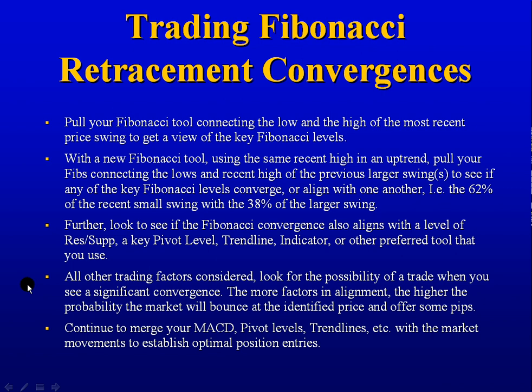When you see significant convergence, the more factors that are in alignment, the higher the probability that will be associated with that trade, and the market will bounce at the identified price and offer some pips. But again, you must consider the entire foreign exchange environment at the time. And continue to merge your MACD and pivot levels, trend lines with the market movements to really establish an optimal entry into the market.